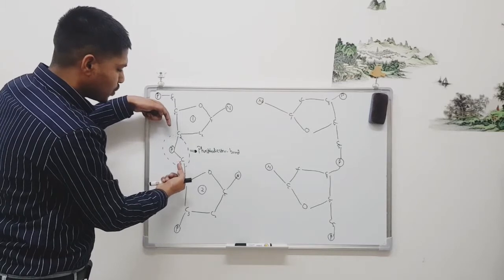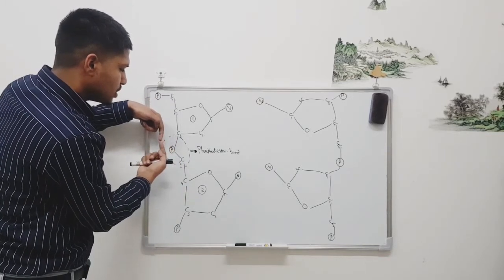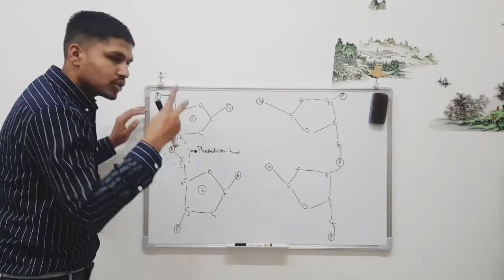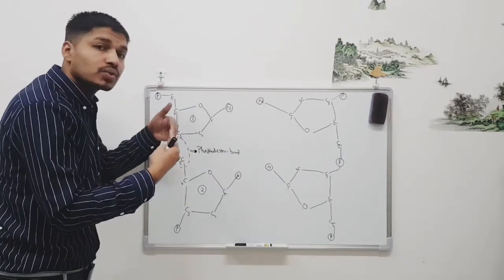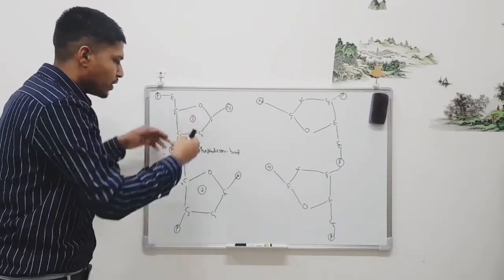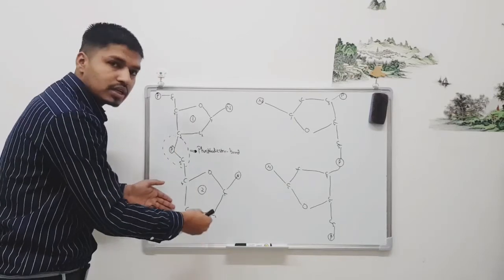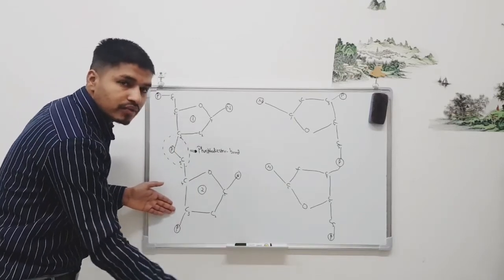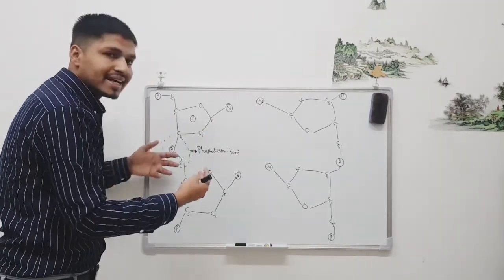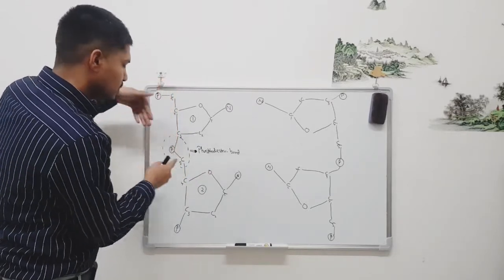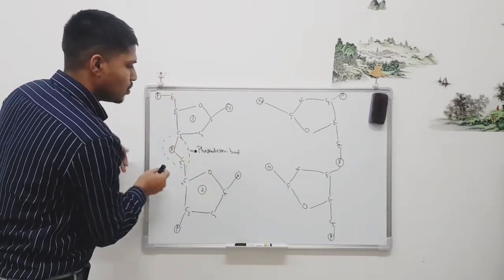When the phosphate molecules attach with each other, the two sugar molecules link together. And multiple nucleotides can link with each other, making phosphodiester bonds.